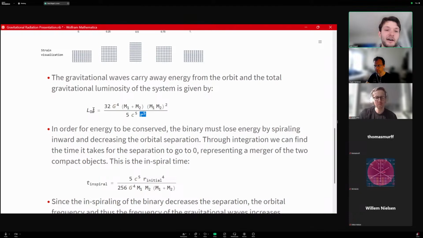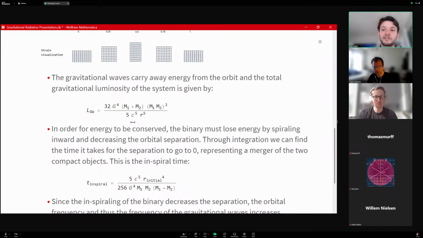Okay, and then because this is the change in energy with respect to time, we can relate that with the change in orbital separation with respect to time, because we know how much gravitational energy there is at a certain separation of the objects.